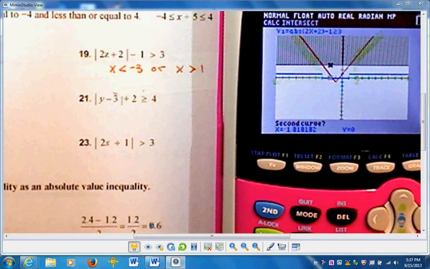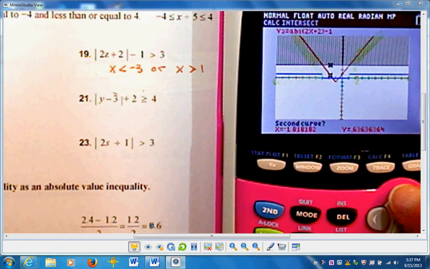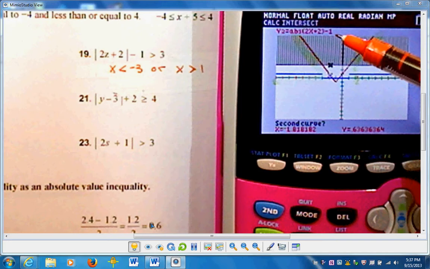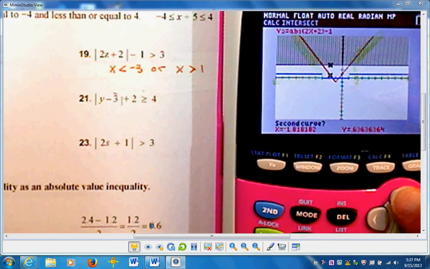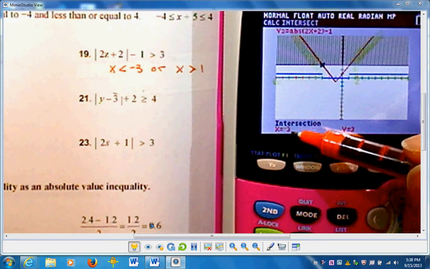So I'm going to push enter. It jumped back down there. I don't want it down there. I don't want it on that line. I clicked my arrow twice, and now look where I am. I'm on my y2, and that's where I want to be. Oops, messed up. So now I'm going to move my cursor close to the intersection. I push enter, enter, and I get the intersection of -3.